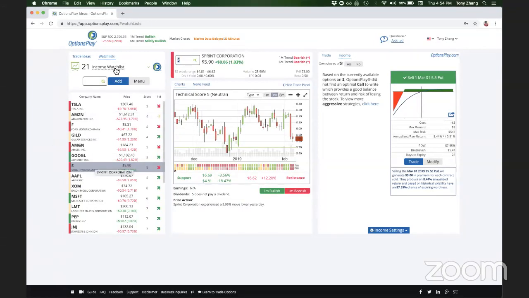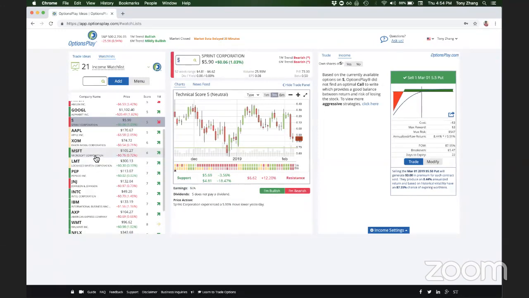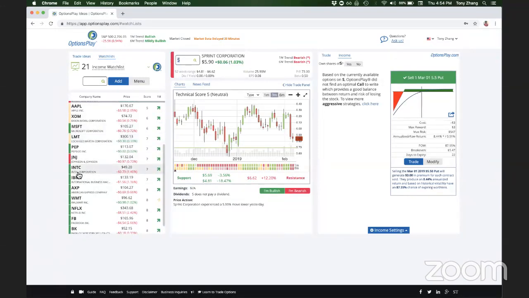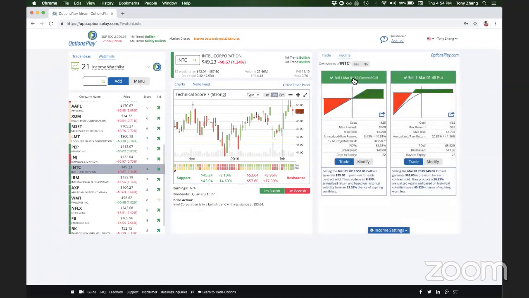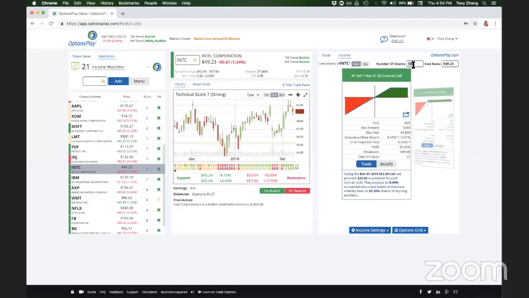Again, just a reminder, when you sign up for Options Play, create a watch list with all the stocks that you own or that you want to own. And this will allow you to instantly click on the income panel and see covered call opportunities for stocks that you own. By clicking on yes, you can type in the number of shares you own and see which covered calls to sell.